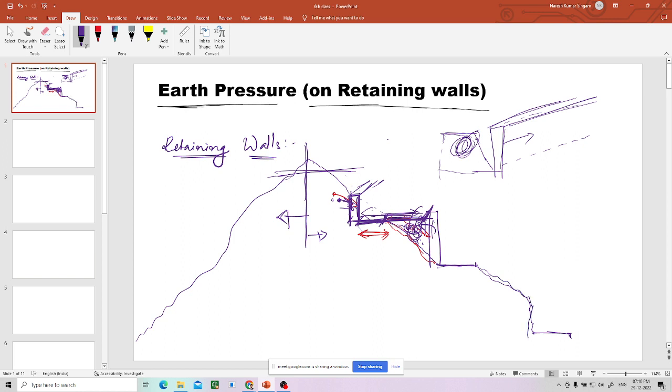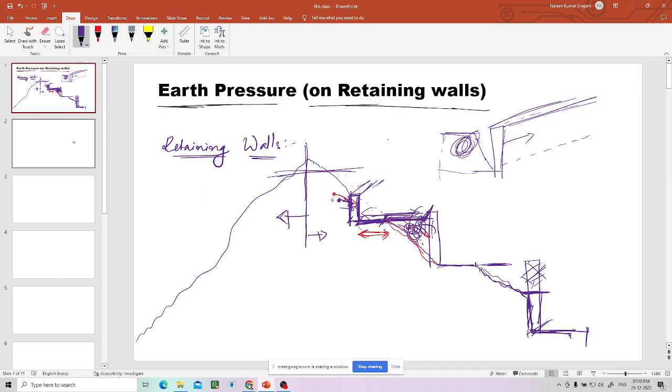There is a road, so they will again construct a retaining wall from here to here. You can widen the road if you want, or else they will construct up to here. They don't construct this part, because this is a natural slope. This will not fail. This part is vertical, that's why they have constructed a wall so that they can use this road. This is the retaining wall.